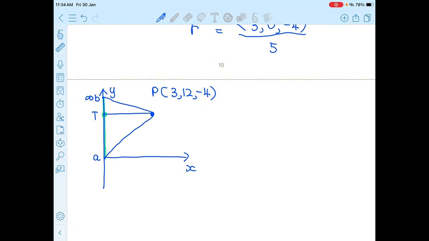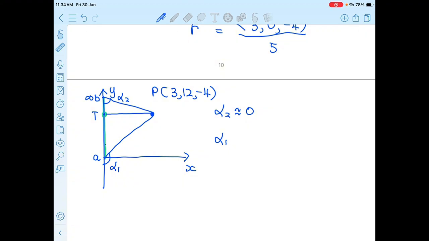So where is alpha 1? This is alpha 1, and this is alpha 2. For infinity, alpha 2 will be approximately 0, very, very small. Now you need to find alpha 1.